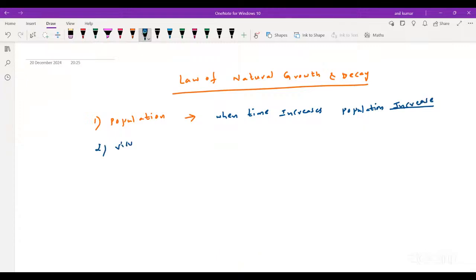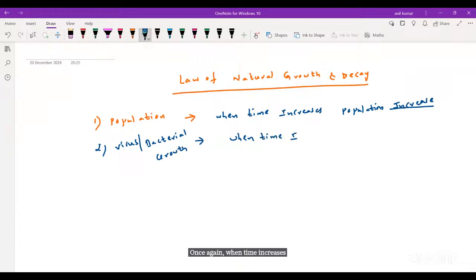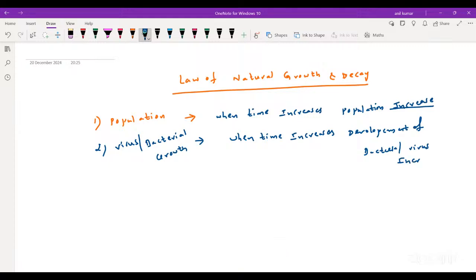Virus or bacterial growth: once again, when time increases, the development of bacteria and virus increases. But the first two are related to growth.